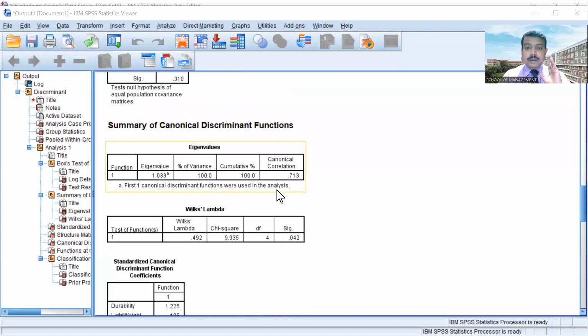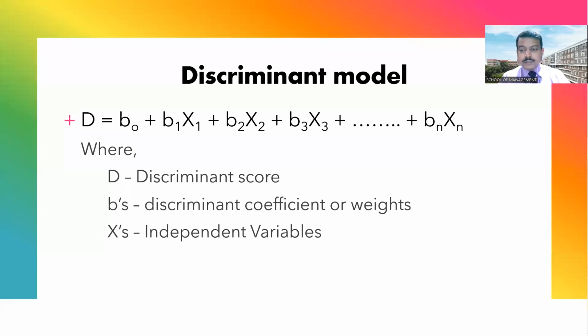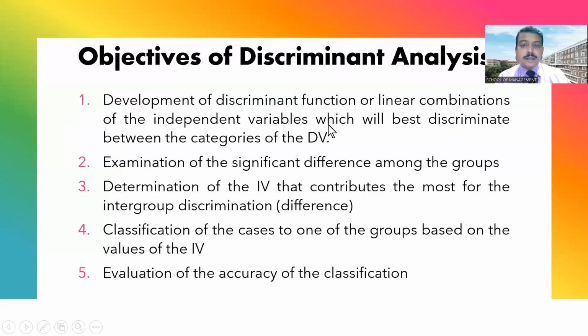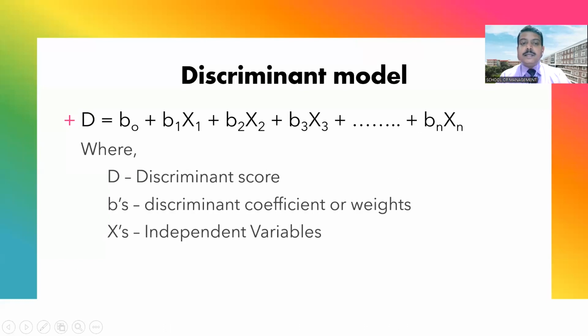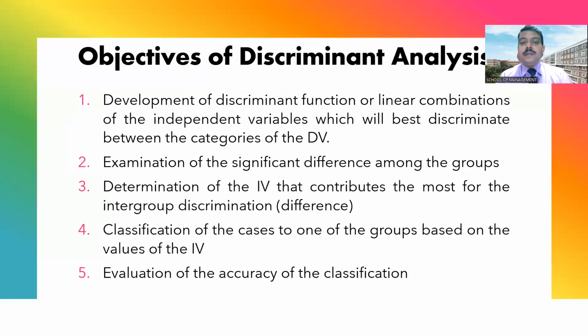And then before we go to the summary of canonical discriminant function, let us quickly see the objectives of the discriminant analysis. The first objective, we said, is to develop the discriminant function. The discriminant function looks like this: D is equal to b0 plus b1 x1 plus b2 x2. So this function we need to arrive at.